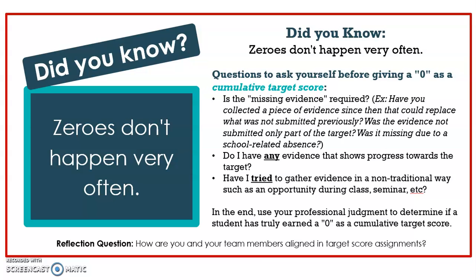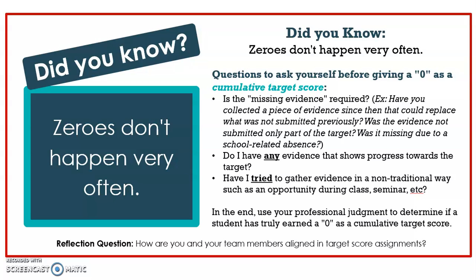So when we're giving a 0 as a cumulative target score, here are some questions to ask yourself. Is the missing evidence required? For example, have you collected a piece of evidence since then that could replace what was not previously submitted? Or was the evidence not submitted only part of the target?